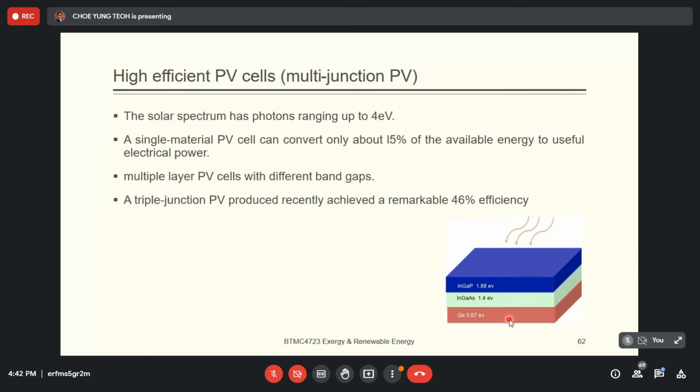But what if I reverse this and put the 0.67 eV material on top? Remember that 0.67 eV is the minimum energy required to release the electron. If you supply more than that, it also releases the electron, and the extra energy will become heat.